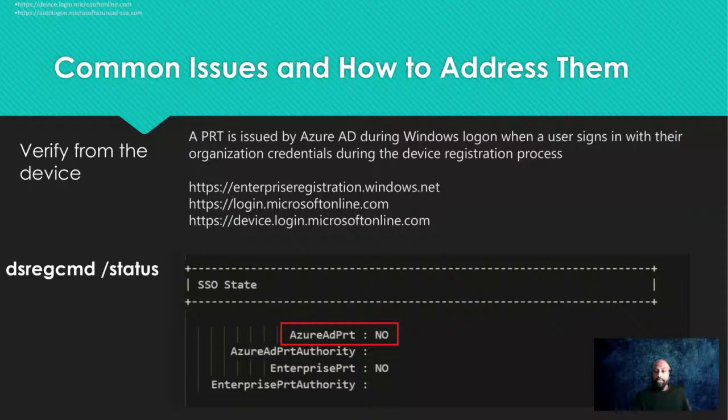That happens when the user signs in with the organization credentials. During that process, as I mentioned earlier, the device should be able to reach those URLs. If the device can't see those URLs, then the Azure AD PRT will be set to no, and as a result, the device will go into the pending stage.